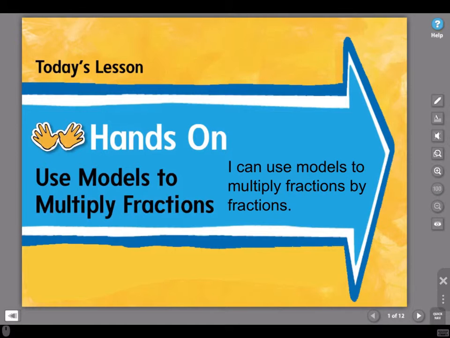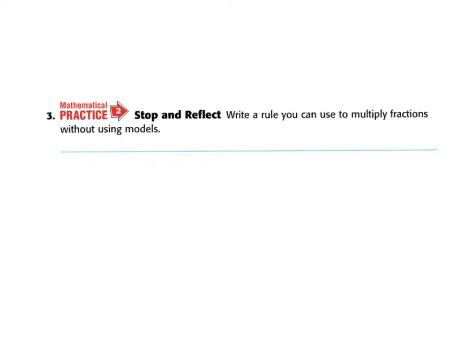That brings us to the end of today's lesson. Here is the W portion of your whisk. Our lesson today was on using models to multiply fractions by fractions. And our I can statement was, I can use models to multiply fractions by fractions. This is our summarizing question.